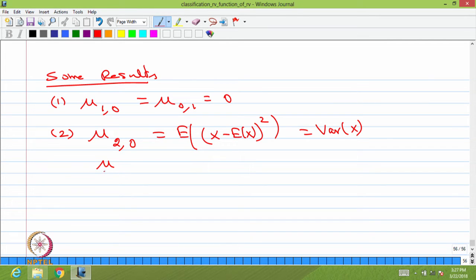Similarly, mu of 0 comma 2 is the same as expectation of y minus expectation of y power 2, that is the same as variance of y. When you substitute i as some positive integer and j as some other positive integer, then you will get the central moment of order i comma j for the random vector x comma y.